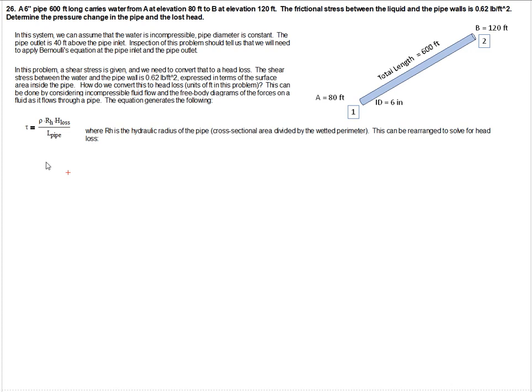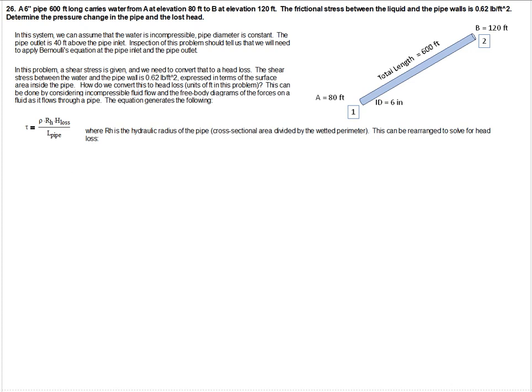So if we do that, we find that the shear stress is equal to the density of the fluid times the hydraulic radius, where the hydraulic radius is the cross-sectional area divided by the wetted perimeter, and then times the head loss, and that is divided by the length of the pipe.